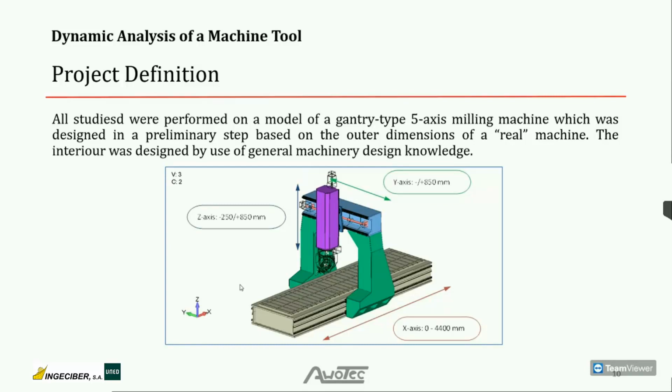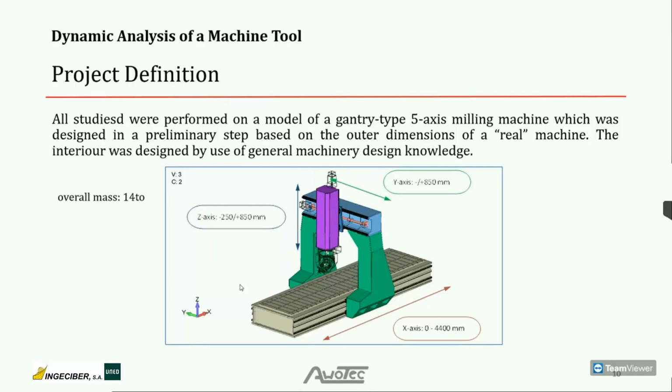The machine design was based on a present machine at one of our customers, and we took the other dimensions and designed a similar machine, let's say, as reference for this project.